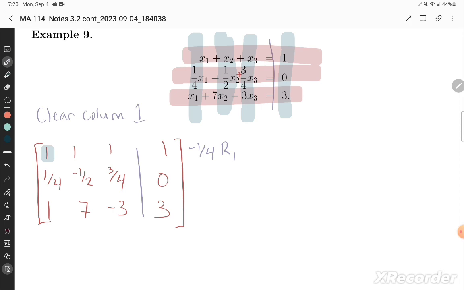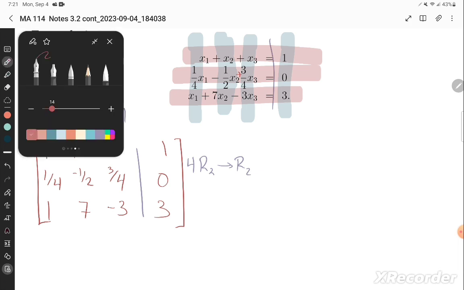Actually, no. Let's get rid of the fractions first, just to make our life simpler, right? So let's multiply everything by 4 in row 2. So 4 row 2 gets me new row 2. Let's do that first, just get rid of all those fractions.